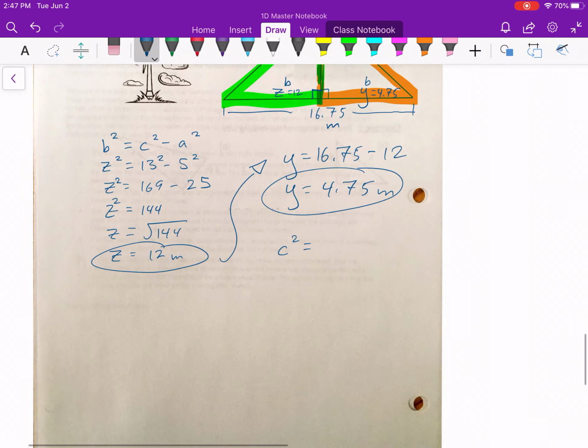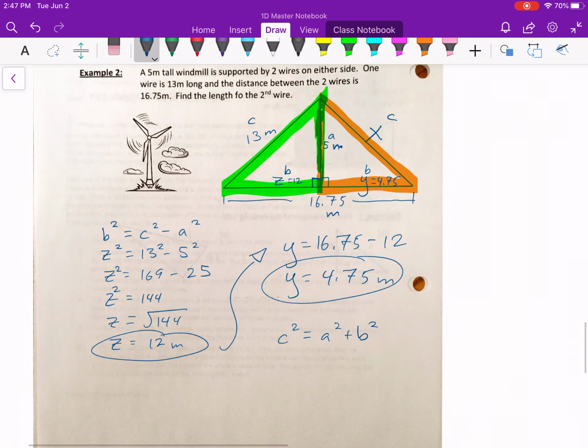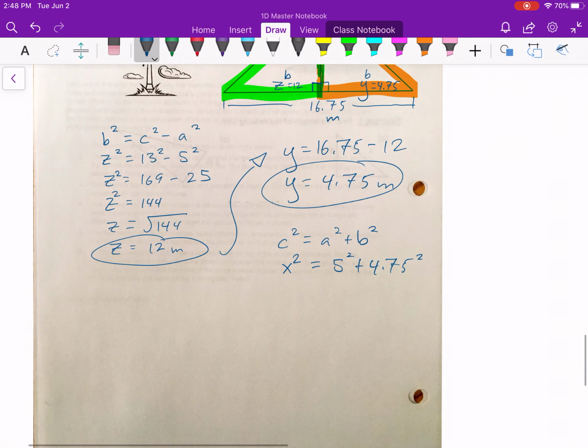C squared equals a squared plus b squared, which means that x squared equals 5 squared plus 4.75 squared. 5 squared is just 25. That's an easy one. You're going to need a calculator, though, to do 4.75 squared. It's approximately 22.56, if I round it a little.